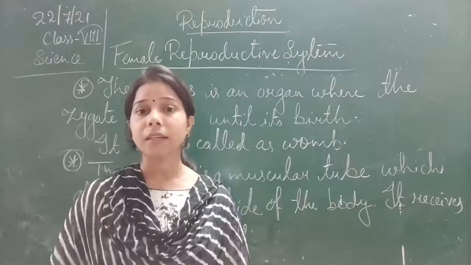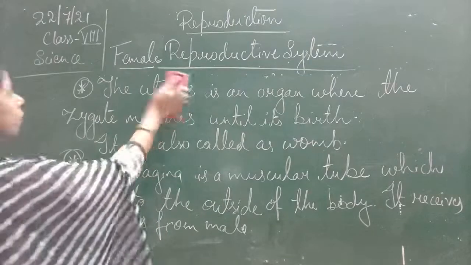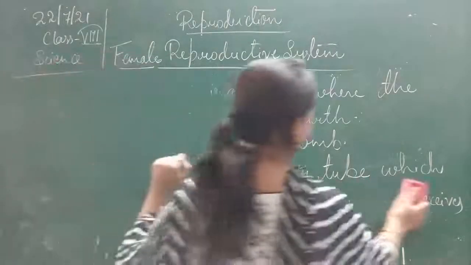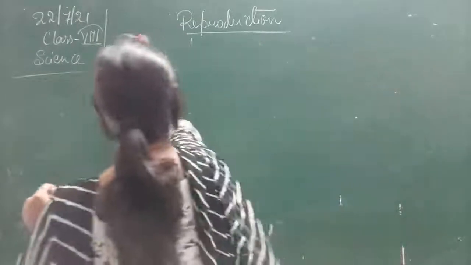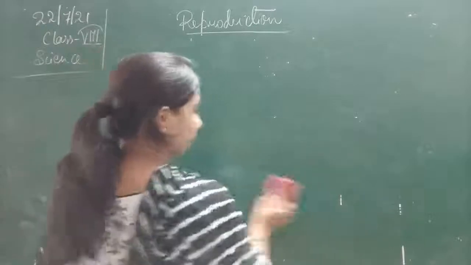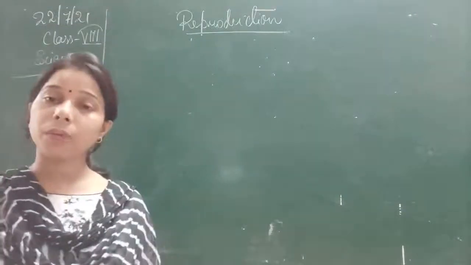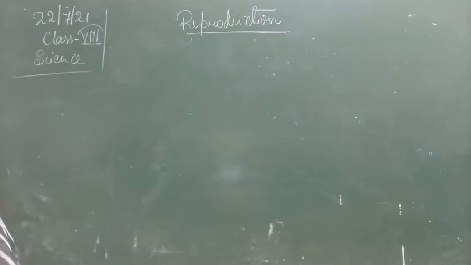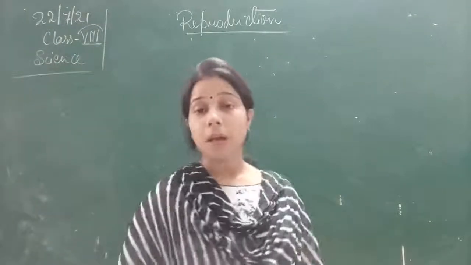Now let us see how the process of fertilization takes place. So what happens during reproduction? The female produces an egg, and this egg reaches the oviduct, the fallopian tube, and the male produces sperm.